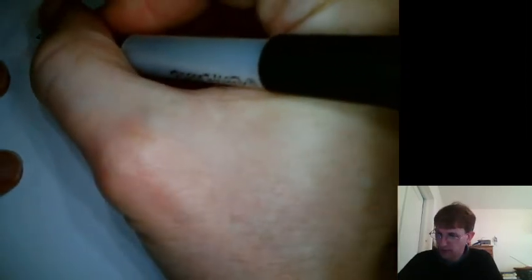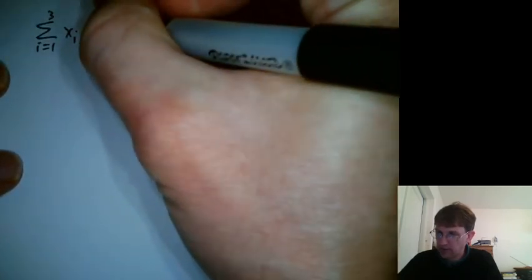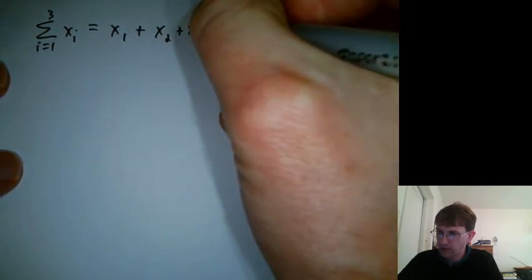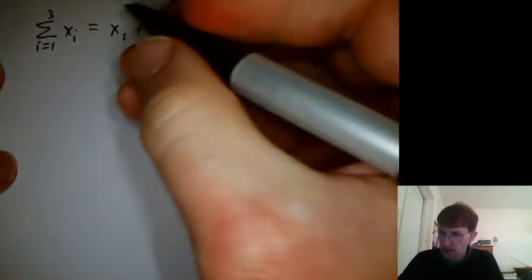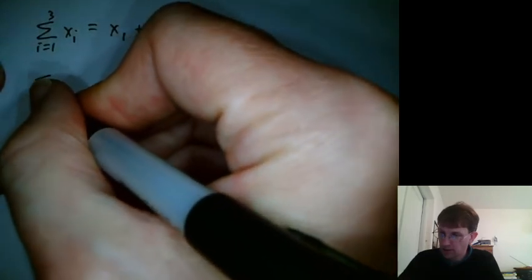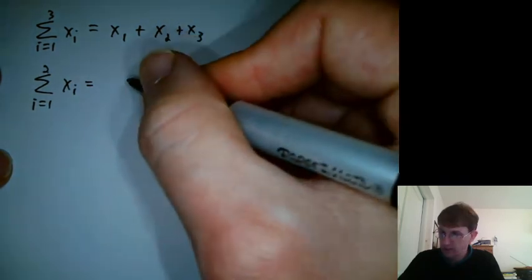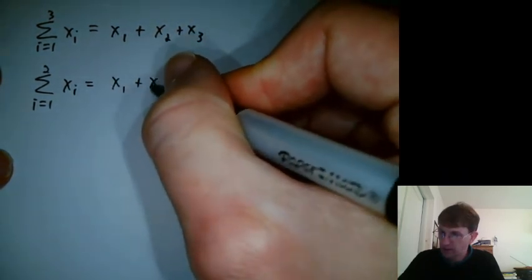You've probably seen summation notation. So if I said, what's the sum of x sub i, i equals 1 to 3, that's a shortcut way of writing x1 plus x2 plus x3. How about the sum i equals 1 to 2 of x sub i? That would be x1 plus x2.